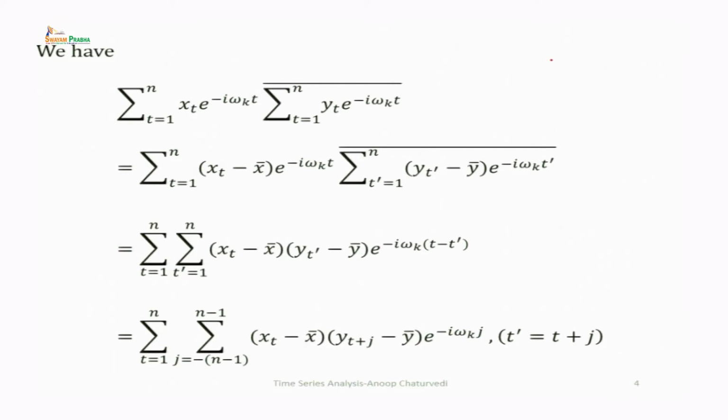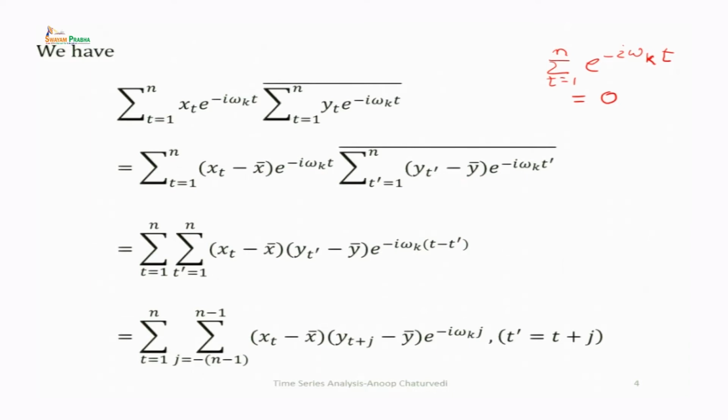And in fact, we have used this result that summation t equal to 1 to n e to the power minus i omega k t is equal to 0. So, in the first term you can take x bar outside the summation sign and then summation over t e to the power minus i omega k t is equal to 0. Similarly, for the second term also.